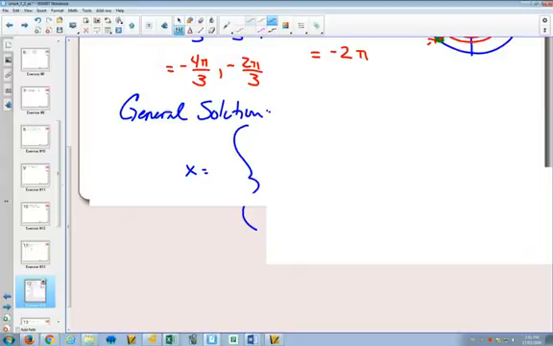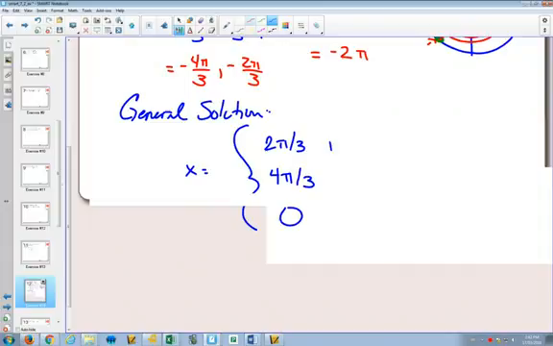Which were they? We got 2 pi over 3, 4 pi over 3. And can you see that 0 and 2 pi end at the exact same place? So you wouldn't have to include both of them. We could just get away with just one of them.